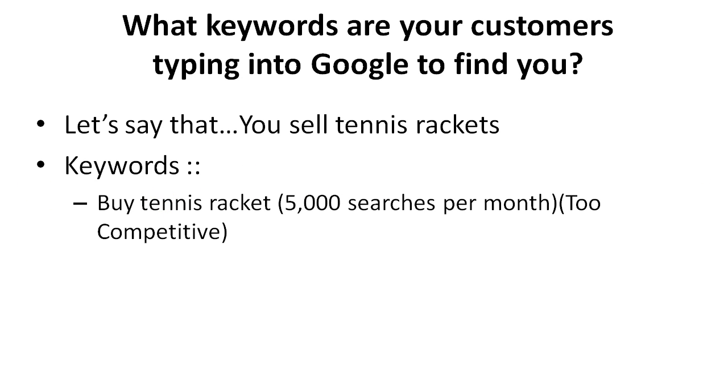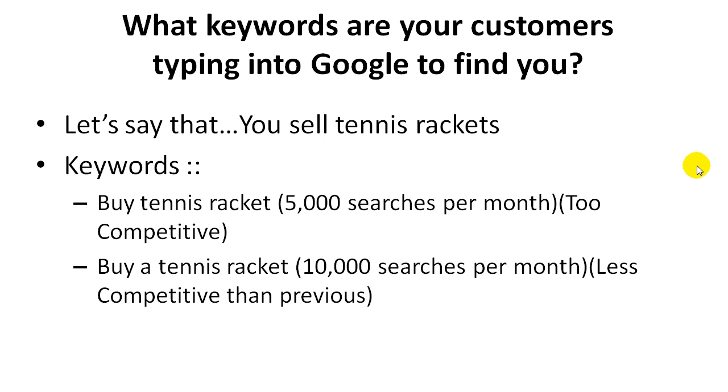And that's my point here, that you really need to know your product and your customers and target the right customers. And another cool tip is that different keywords can be very different in terms of the amount of searches that they get. For example, buy tennis racket, hypothetically, I'm just making these numbers up, could be 5,000 searches per month.